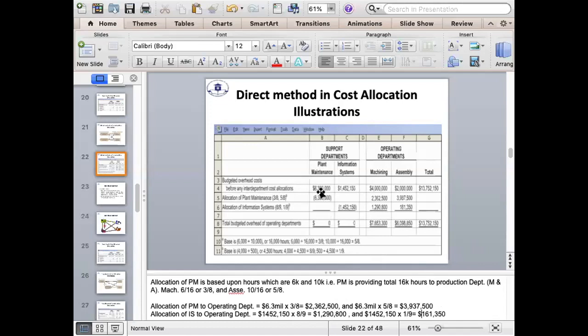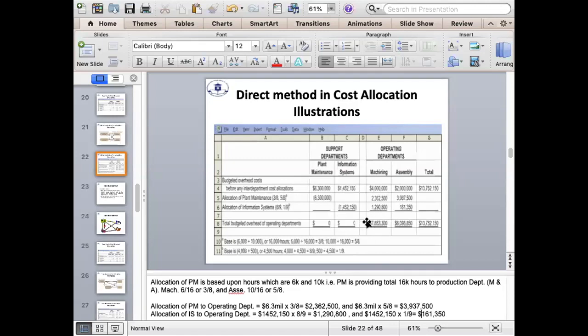So of course, here is gonna be 0. Why? Because you allocated this number here and here. Here it will be 0, because this service is already provided. So here, no more cost. And machine department cost increase. Why? Because machining department taking service from the plant department. So machine department cost will increase. Of course, product overhead cost will increase.